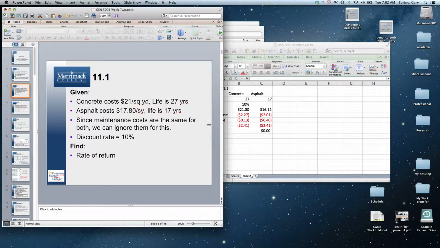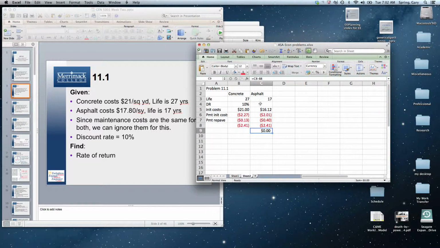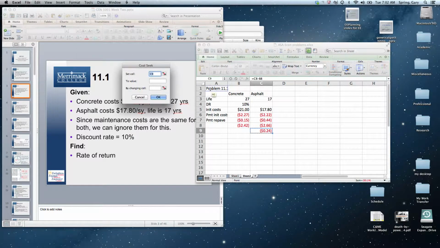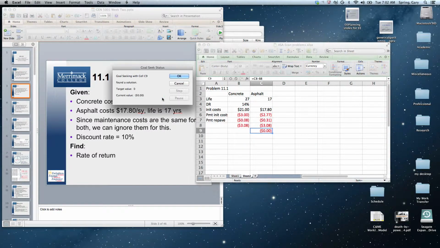Next question, well, what's the rate of return with these costs? So back to 17.80, and the rate of return is the interest rate that gives a difference of 0. So we can't do net present value, but we can do a net difference of 0. So to make these two equal, again, we can do goal seek, value 0, but now we're going to change the discount rate instead of the asphalt cost.